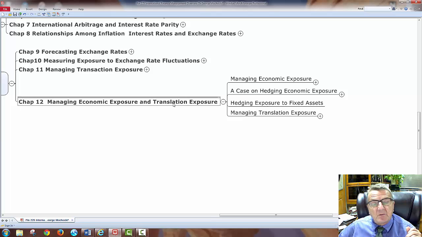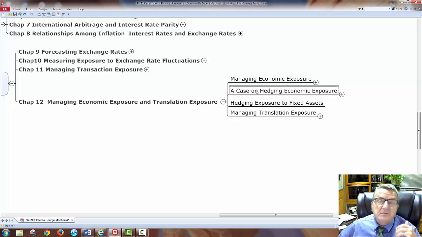Okay, managing economic exposure, translation, economic exposure, everything with hedging or futures, you can kind of look at that. I'm buying something, I'm hedging something now, taking that, I don't want to say gamble, a calculated risk going forward, but what's the economic exposure?